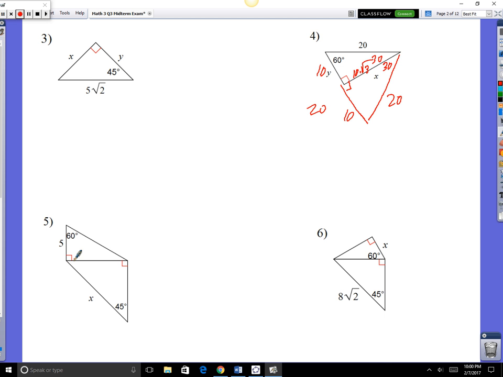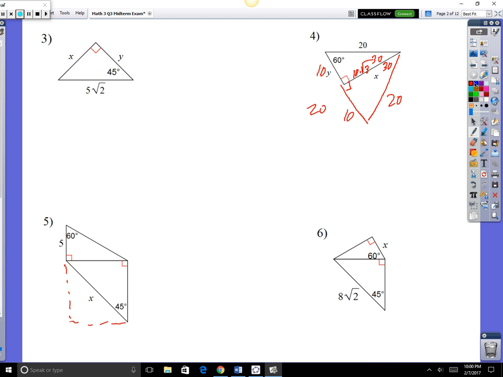Okay, number 5, you kind of have two triangles put together. We need to find out how long this is, which is actually, that's a square.